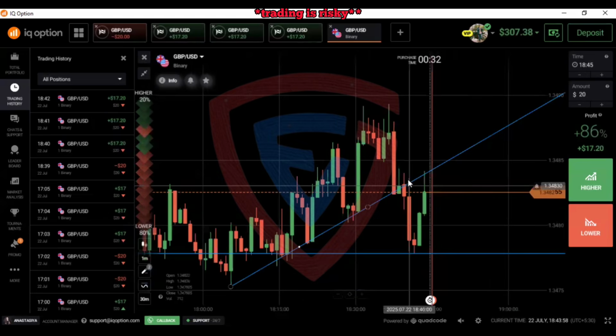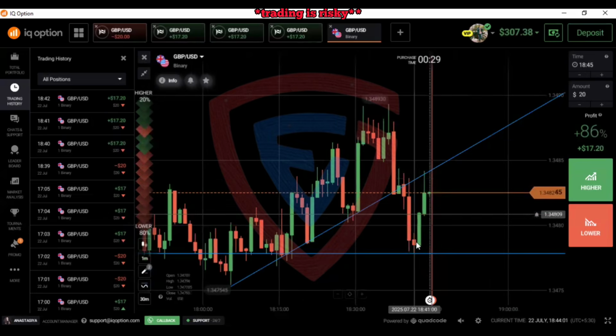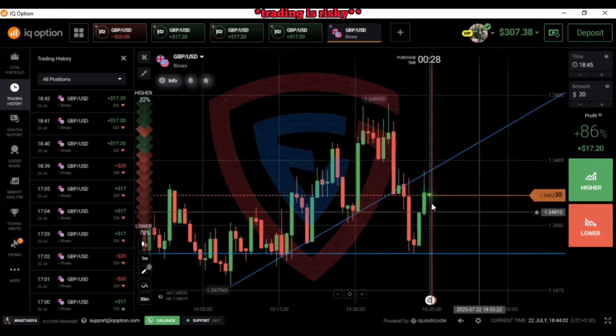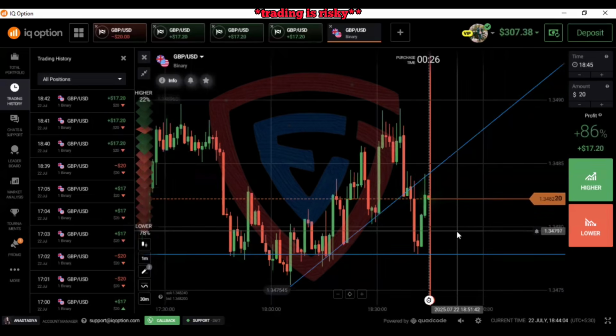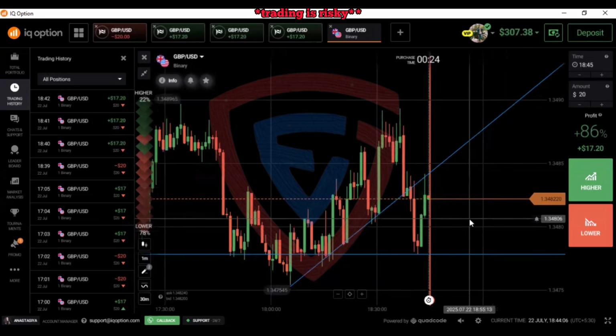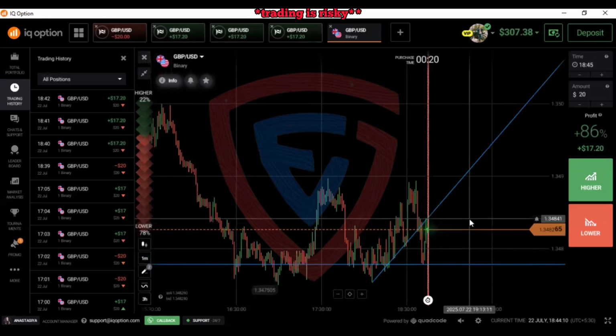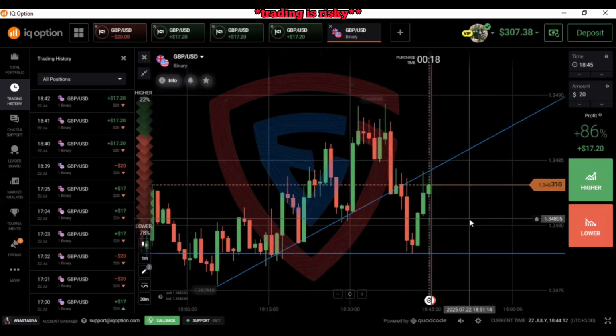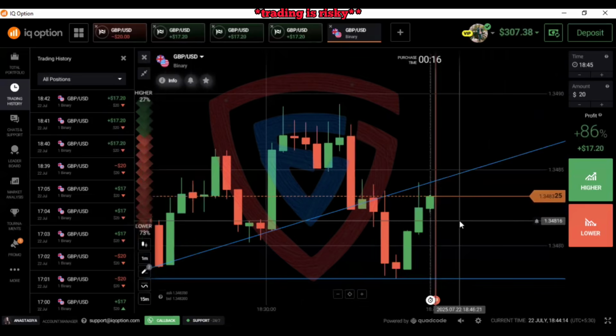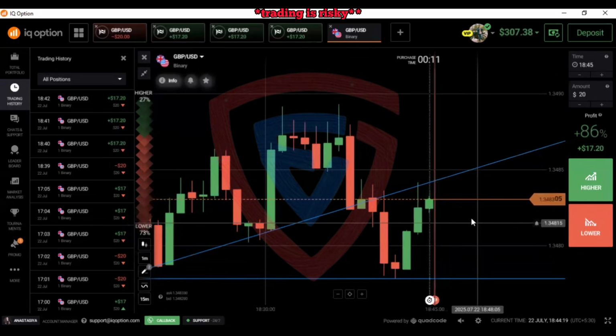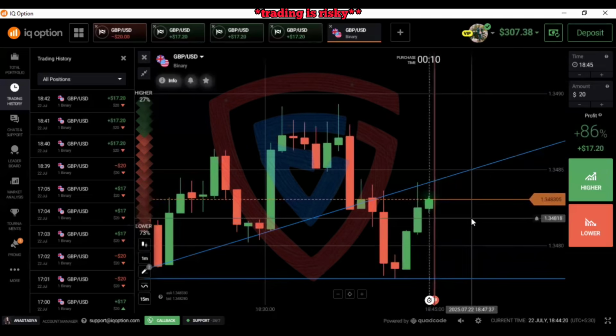Previously we saw a rejection against the sellers' entry. So here maybe sellers may enter easily, but I don't take a trade here. I will wait for this candle, then I will place my trade. I will try to place one more trade here.